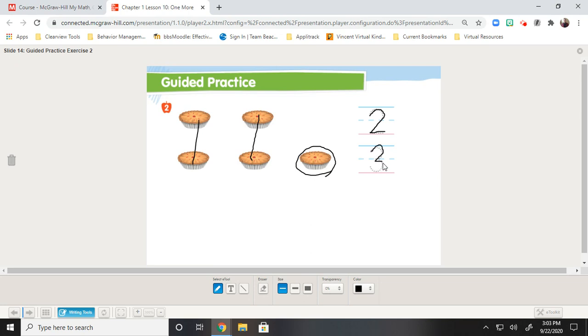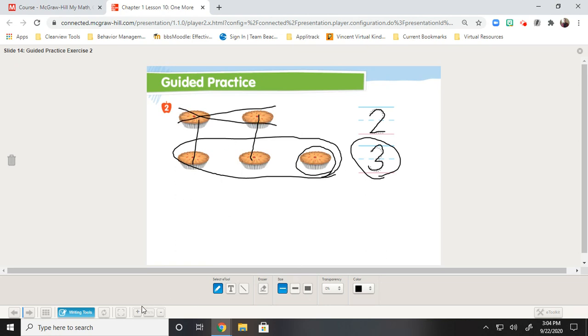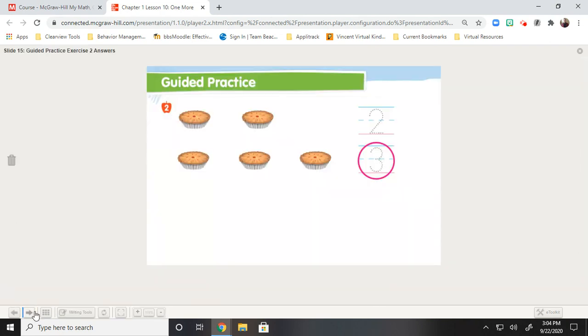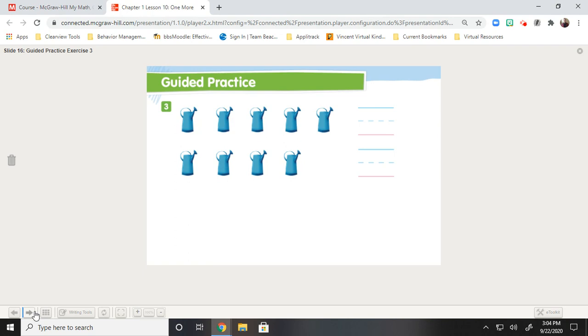Curve around and around again. I am number 3. Now we need to circle the group that has more than. So I'm going to go ahead and circle my 3 because 3 is one more than 2. And I'm going to cross off my group that has less than or fewer than. See? Nice.